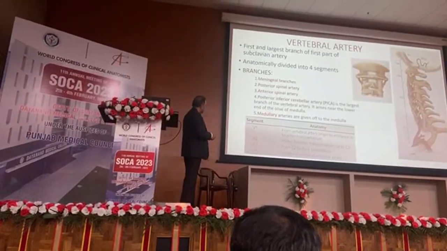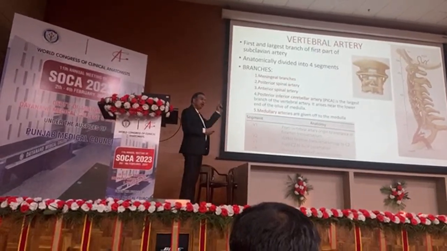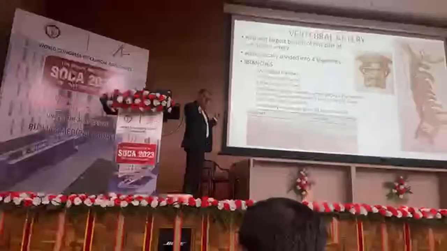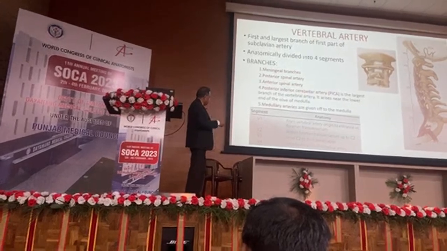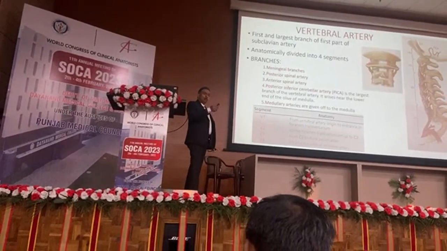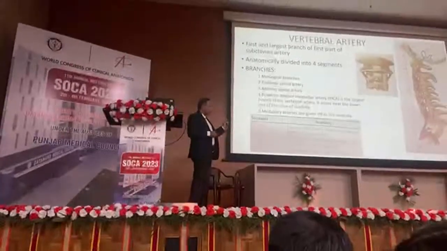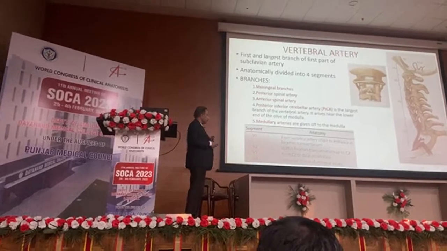Segment 2 is within the foramen transversarium from C6 up to C2 vertebra, V3 is from C2 to dural penetration, and V4 is the intradural part. This is very important in this particular area.